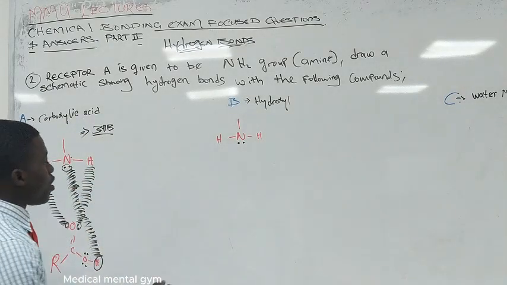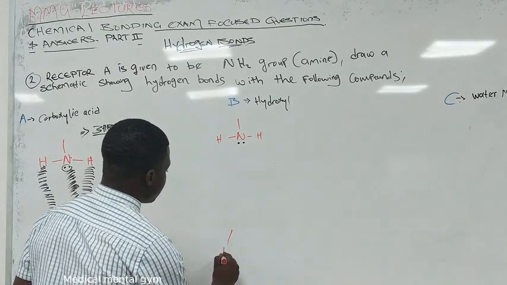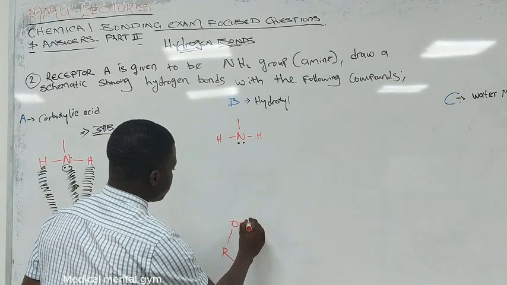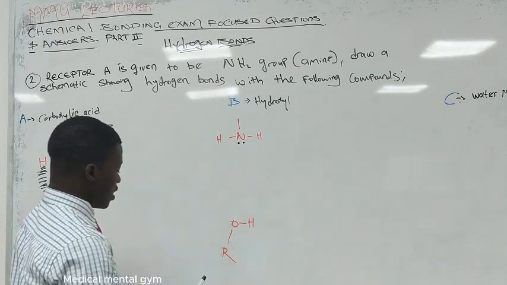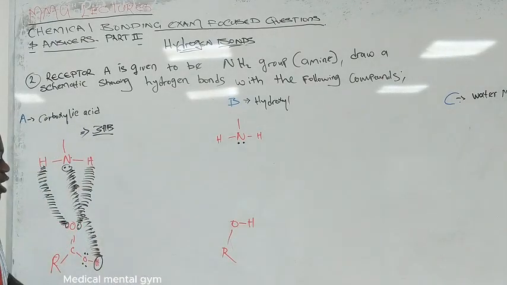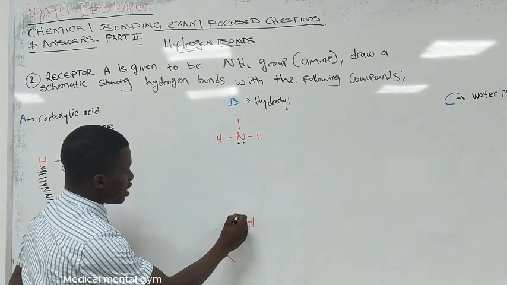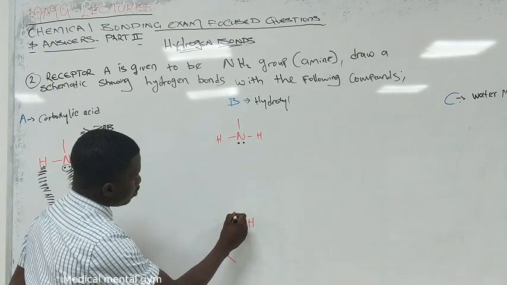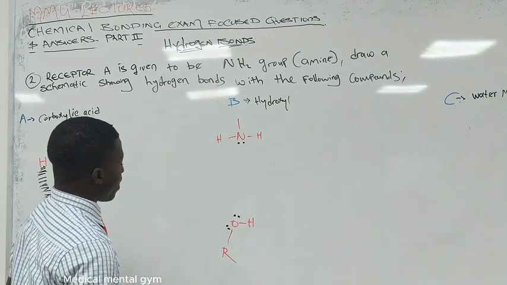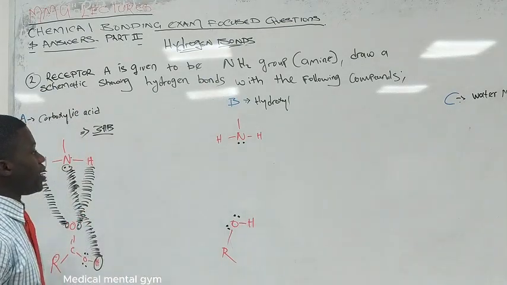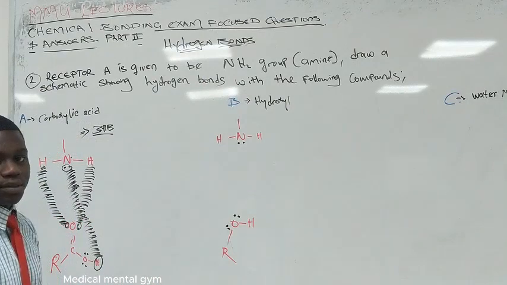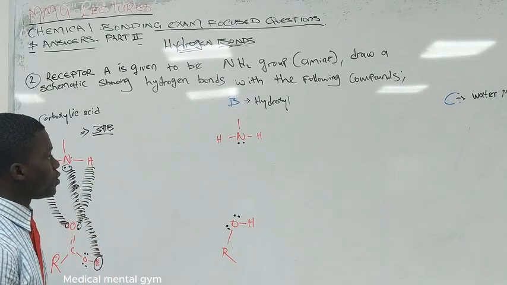So let's show our hydroxyl group. So oxygen bound to a hydrogen. As usual, we'll indicate our lone pairs. Oxygen has 2 lone pairs. So after indicating our lone pairs, we can now identify the hydrogen bonds possible between these 2 molecules.